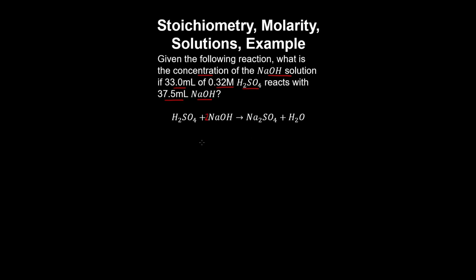So we can balance sodium and then balance hydrogen. And then we need to convert the quantities we have into a number of moles. So we have the molar concentration of sulfuric acid, which is equal to the number of moles of sulfuric acid over the volume of the solution in litres.